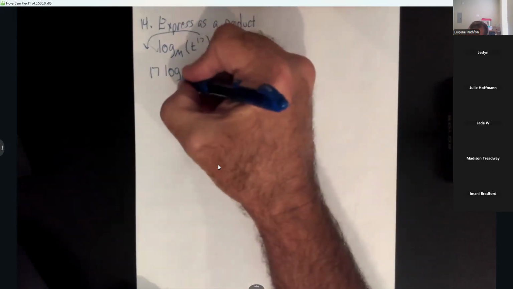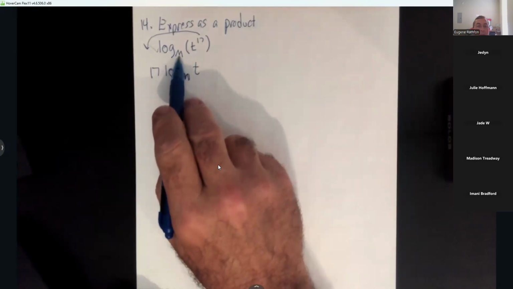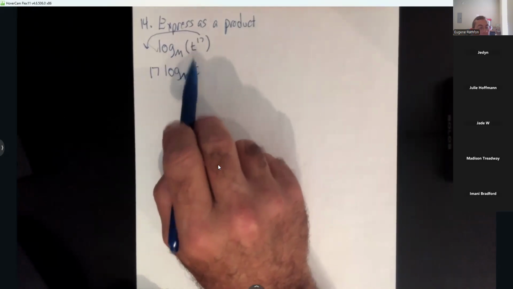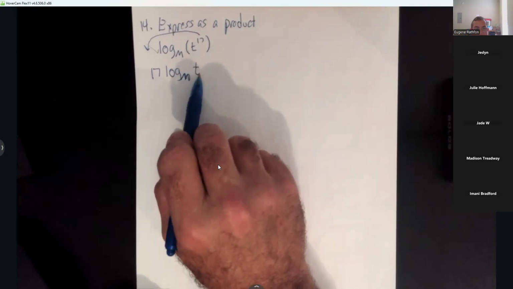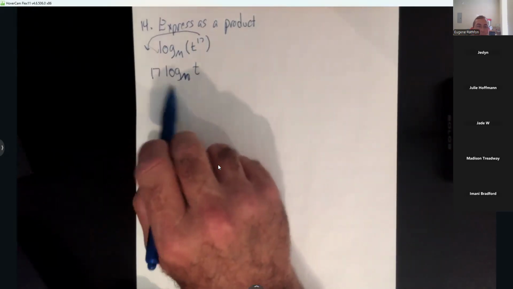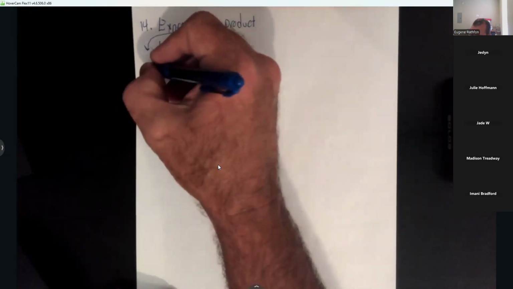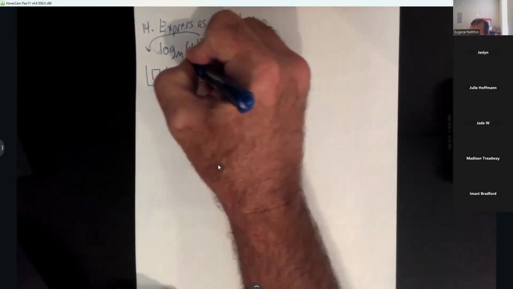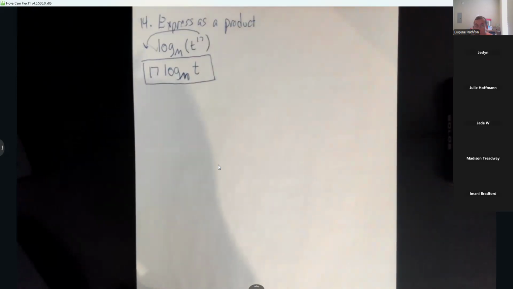Now remember, if they use capital letters, you got to use capital letters. If they use small letters, you got to use small letters. But all you're doing is bringing the exponent down to the front and writing it as this product. So basically, one move on that problem, okay?